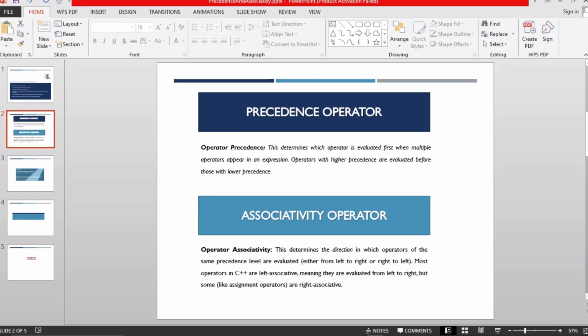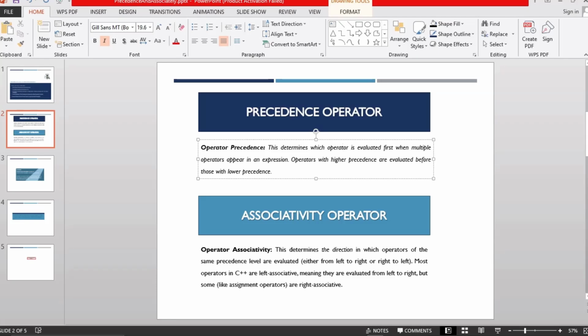What does higher precedence mean? There's a table that lists the precedence values of the operators in our C++ program. The one with the higher precedence will be evaluated before the one with the lower precedence. You understand that? That's what precedence means.